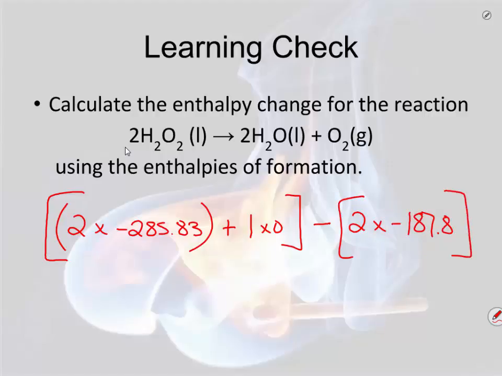So I'm going to calculate each side individually and then subtract them from one another. So 2 times negative 285.83, so I get negative 571.66. I'm going to subtract that from 2 times negative 187.8, so minus a negative 375.6.